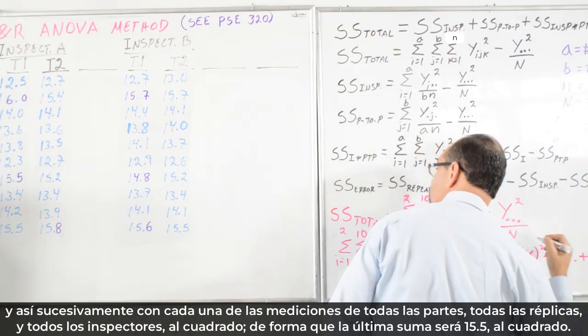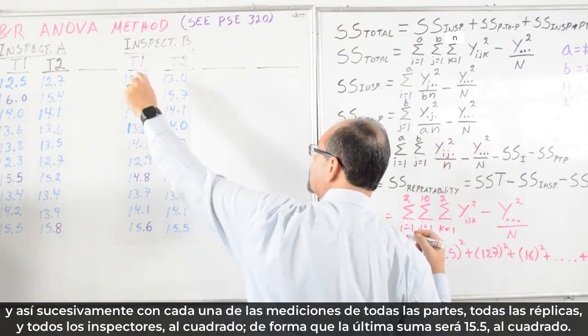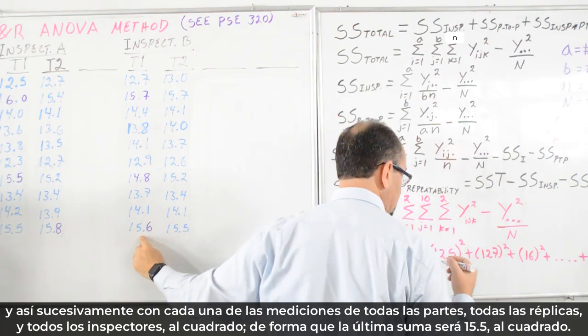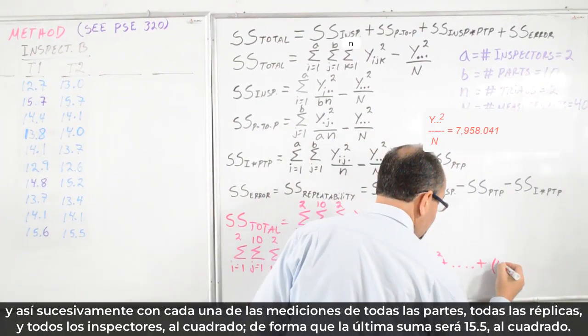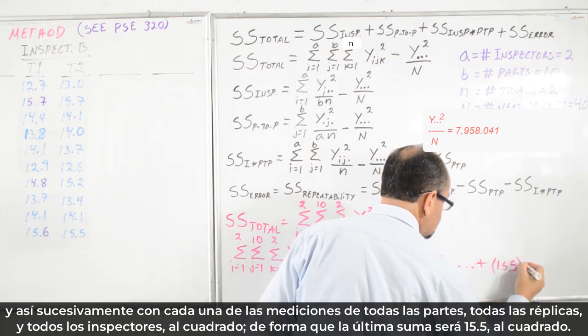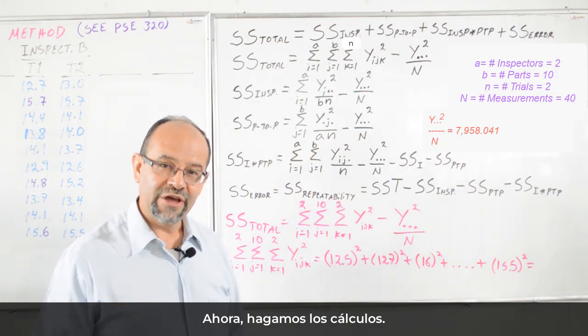So I have to square each of the measurements of all the parts, all the trials, all the inspectors. So at the end, I will be having 15.5, which is the last one, squared. Okay. Let me do the calculations.